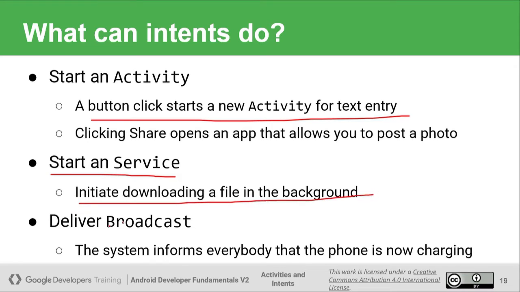The third one is broadcast. Broadcast, as its name suggests, is self-explanatory. The system informs everybody that the phone is not charging. Notifications that come from the system to the user are called broadcasts. So there are three different ways in which intents can interact with the system.